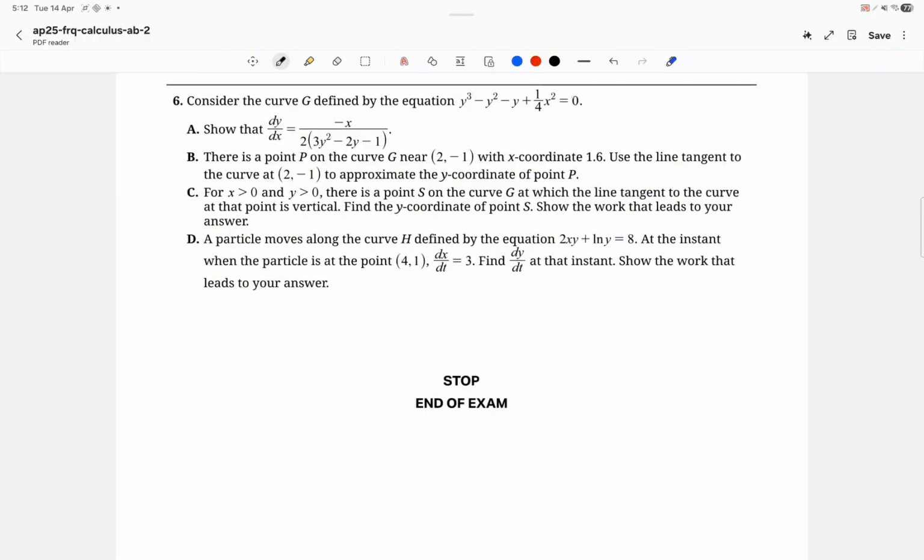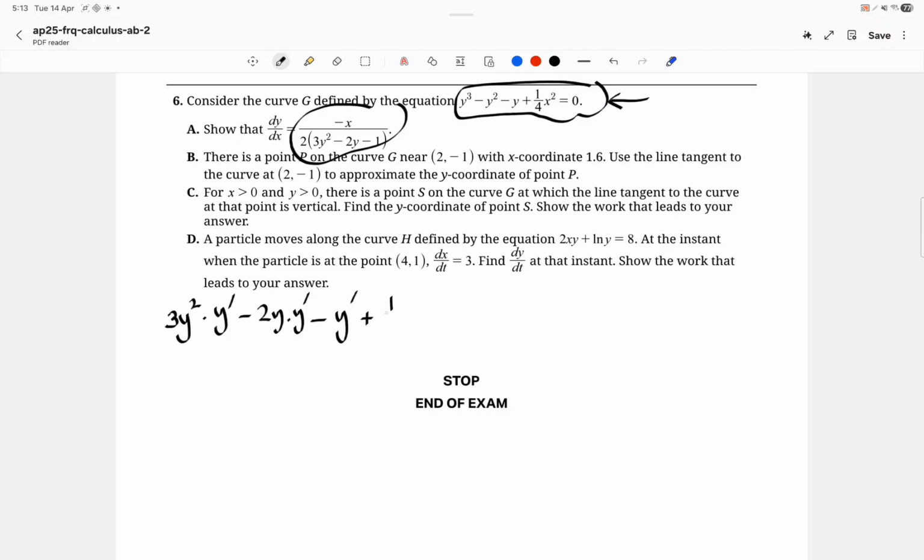So for part A, you must yourself use implicit differentiation here and prove to them that your derivative is the same as their derivative. So let's do differentiation to this one. 3y squared y prime minus 2y y prime minus y prime plus 1 over 4 times 2x is equal to 0.